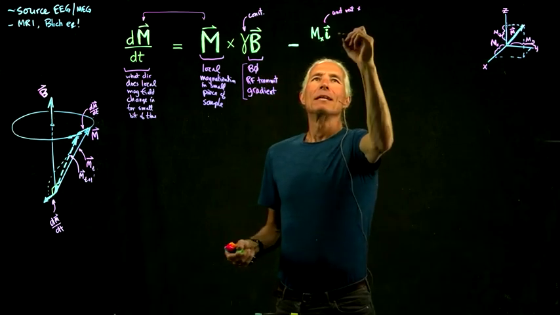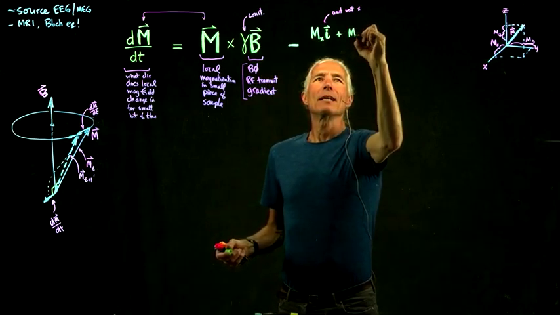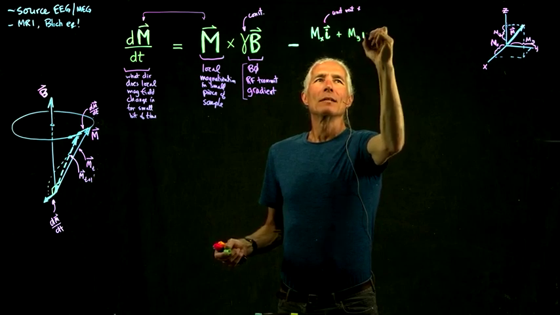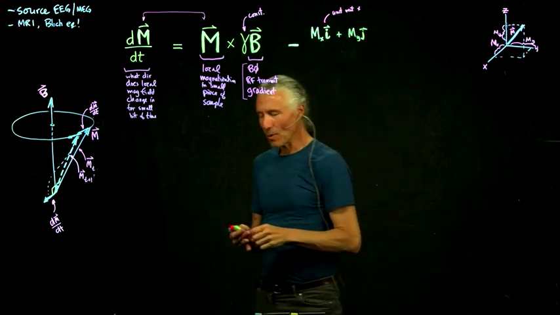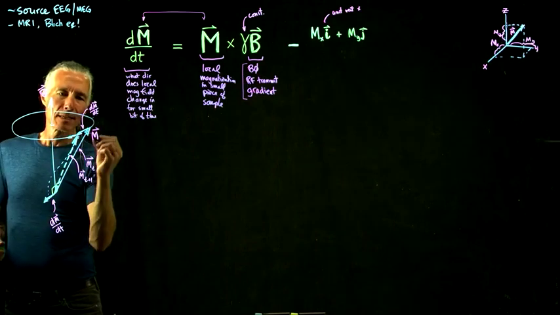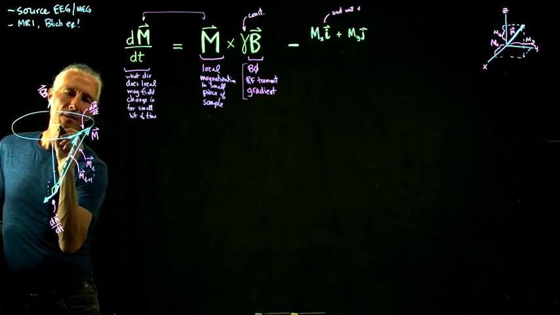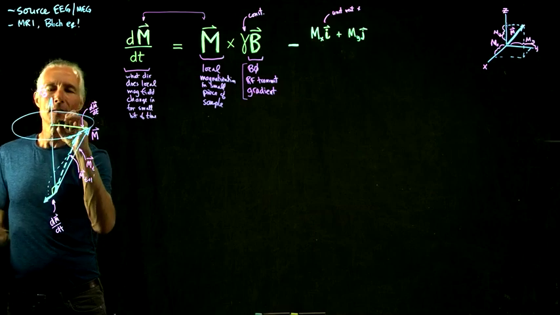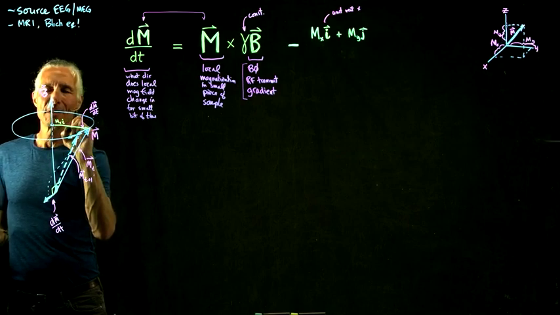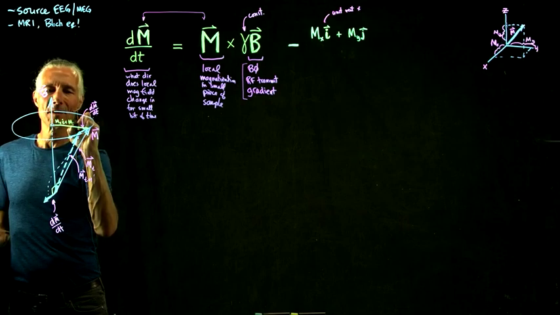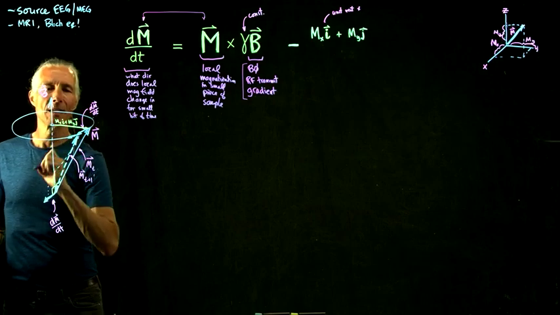And then we add to that the vector in the y direction. So basically what we want to do is get the xy component of this. And so what is that over here? That's basically this vector here. So this guy is the mx times the unit vector in the x direction plus my times the unit vector. The j stands for the unit vector in the y direction.